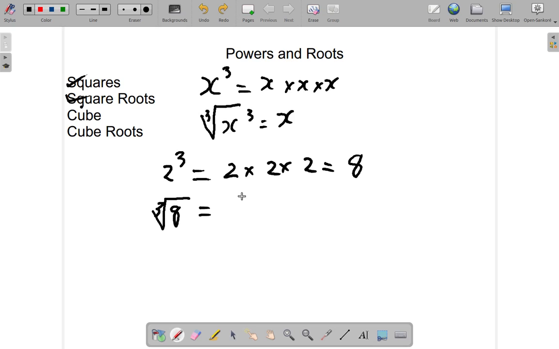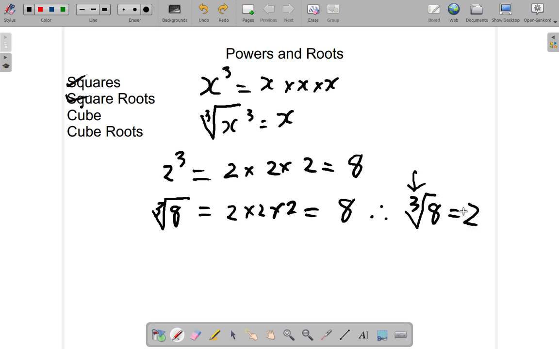Multiply them and they give you 8. It works with 2 times 2 times 2. 2 by 2 is 4, 4 by 2 is 8. So therefore the cube root of 8 is 2, because when you put 2 3 times and you multiply them, you get 8. You get this answer 8.